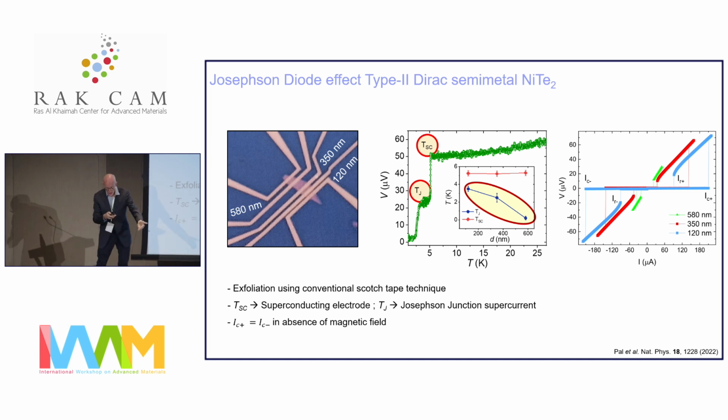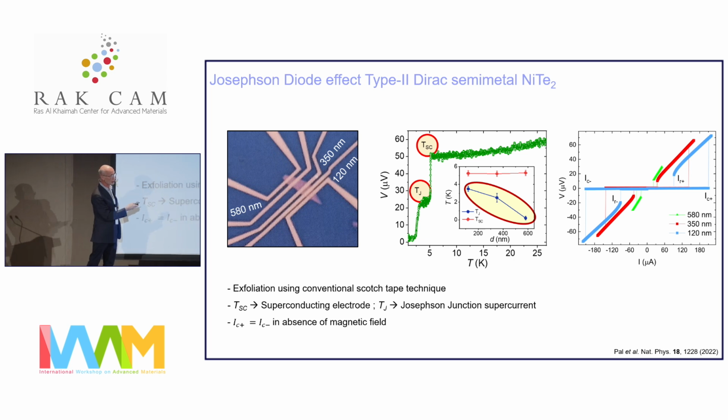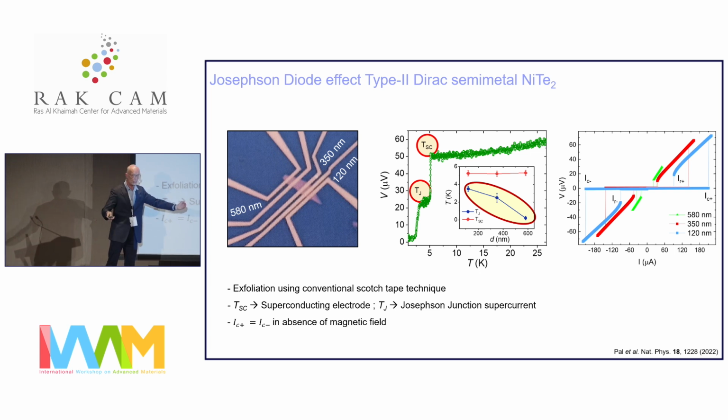So we flow a supercurrent from one niobium electrode to the other through the nickel ditelluride. And what do you see? If we measure the voltage between two niobium electrodes, as the temperature drops, first the niobium becomes superconducting, and then at a lower temperature, the junction itself becomes superconducting. And that lower temperature decreases the greater the separation between the niobium electrodes.